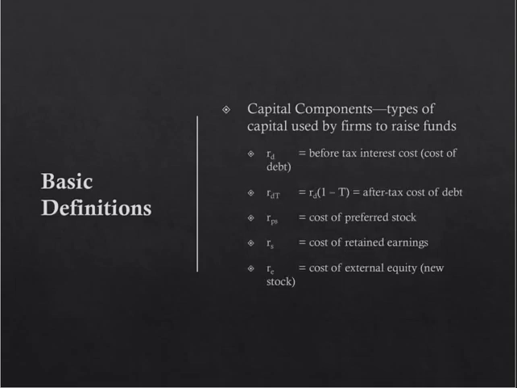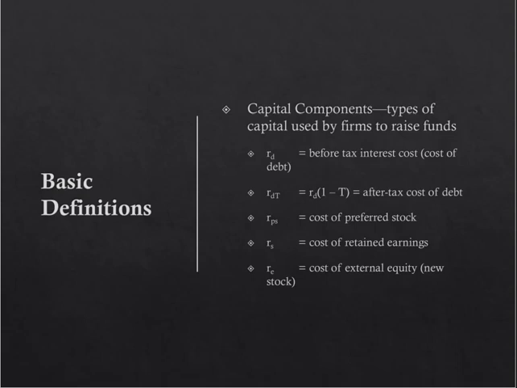There are a few elements that we look at from a capital perspective on how the capital stack is built in a firm. The elements that go into each of these components are the before-tax interest cost, which is the cost of debt, R sub D, and the after-tax cost of debt, R sub DT, because interest is tax deductible.